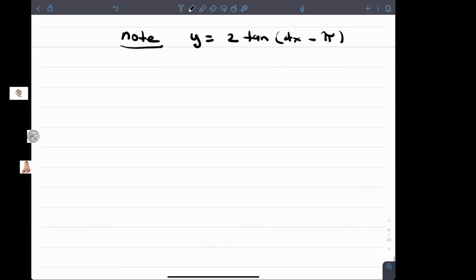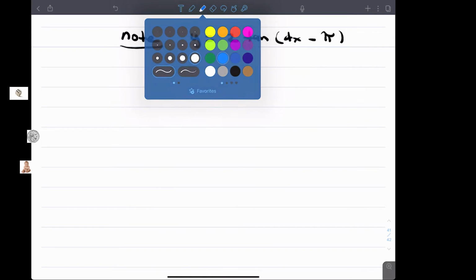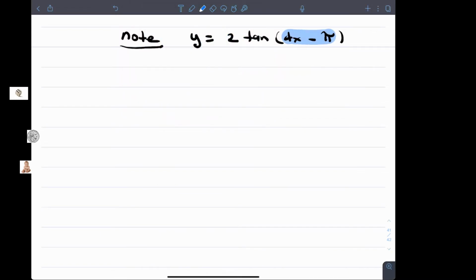You know what your book just did? Remember this from yesterday? There's a phase shift, but your book doesn't really talk about it. It gives you an example, though. I just want to let you guys know that, okay?